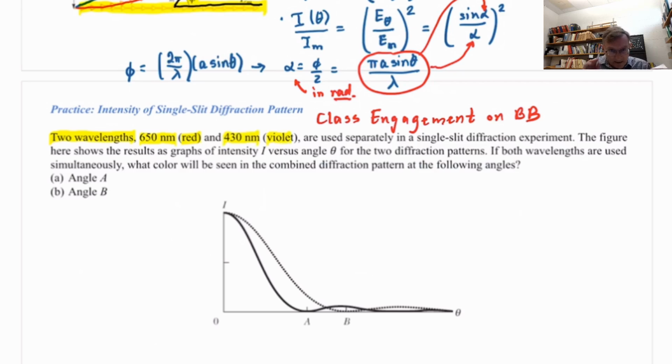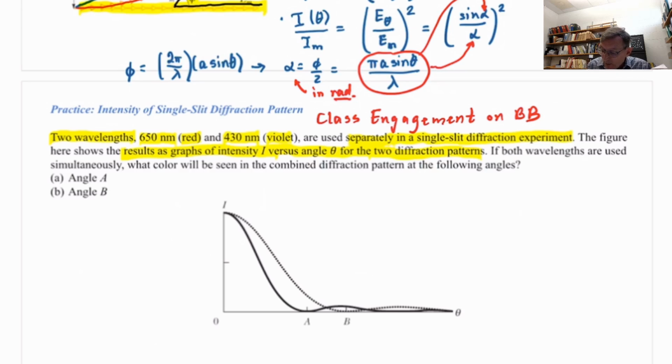They're used, at least initially, separately, one after the other, in a single slit diffraction experiment. The figure here shows the results as a graph of intensity I versus angle theta for the 2 diffraction patterns. So there's one curve there that's a continuous curve, and the other one is a dotted curve. They both plot I, intensity versus angle theta, on the viewing screen.